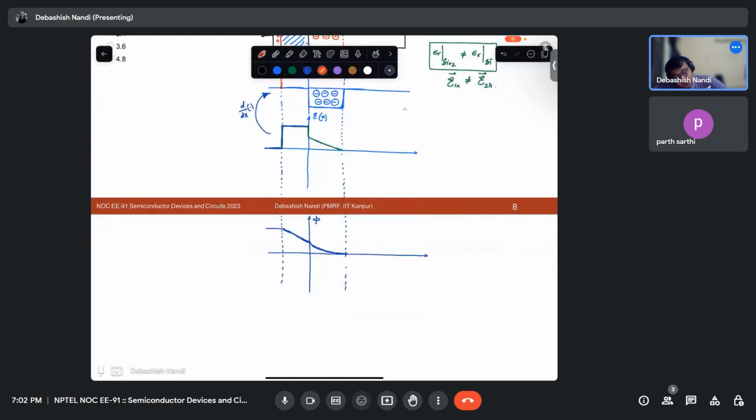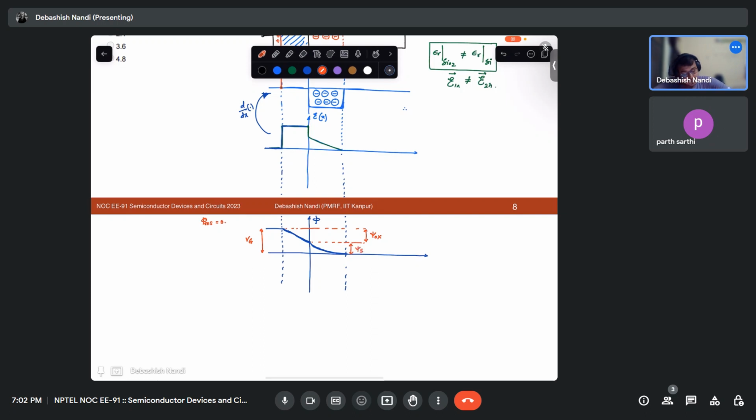So now quickly tell me, if this is my Vg, assuming that phi ms is equal to 0, this is my Vg. So what is this? Psi ox drop in this region. And what is this?